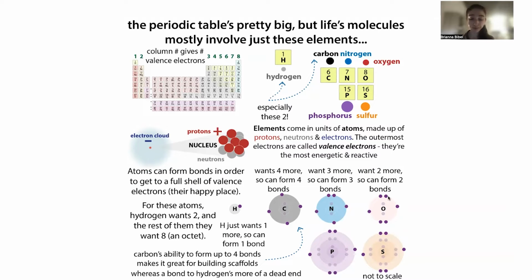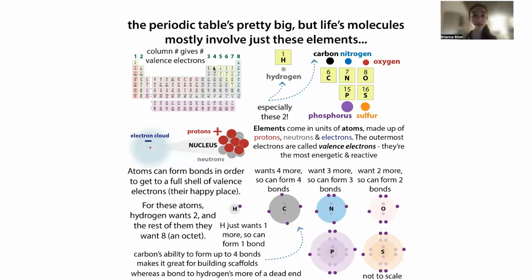And these atoms will react in a way that will get them to their ideal number of valence electrons. And the ideal number of valence electrons is having a full outer shell. So for most of these atoms that we care about in biochemistry, this means having an octet, so having 8 outer electrons.